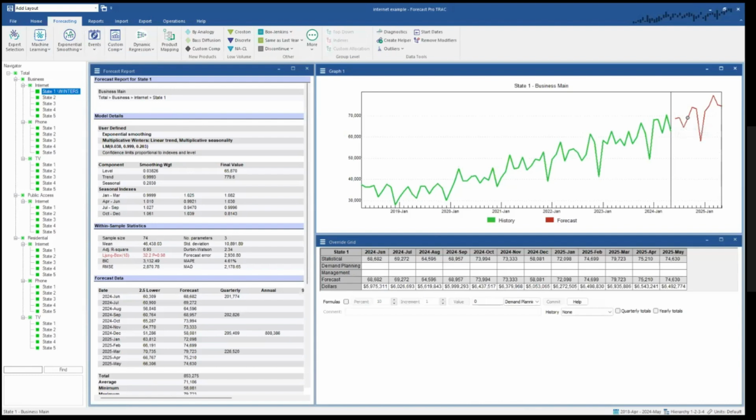These are going to have very similar forecasts. The smoothing weights will be different, but pretty similar. The level is 0.03. That's still very small. The trend is pretty big, 0.99. Seasonal is 0.20. So yes, the values are different, but they're similar because the rates of adaptivity are the same. It's the same data set.